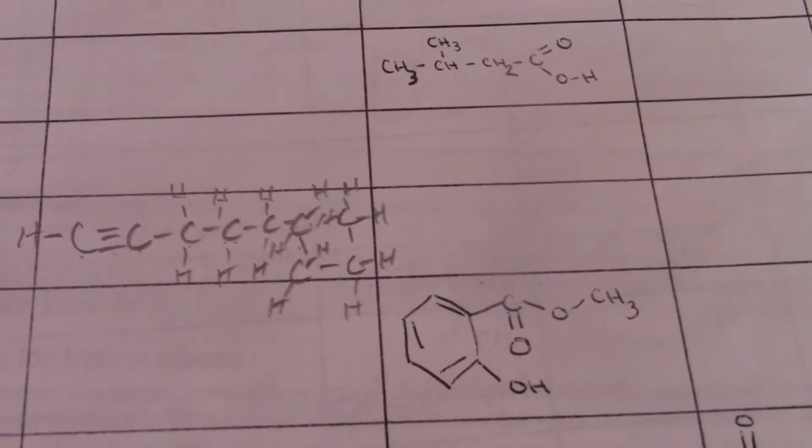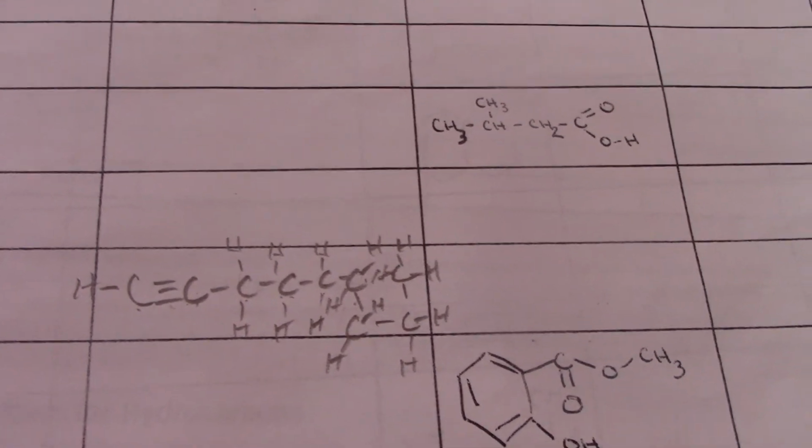Okay, so complete shows all the hydrogens. There are 2 hydrogens with this one, 2 hydrogens here, 2 hydrogens, and then 3 hydrogens. Okay, so that's the complete structural diagram. Condensed structural diagram is going to look like this.